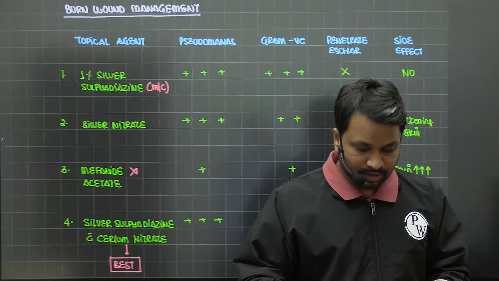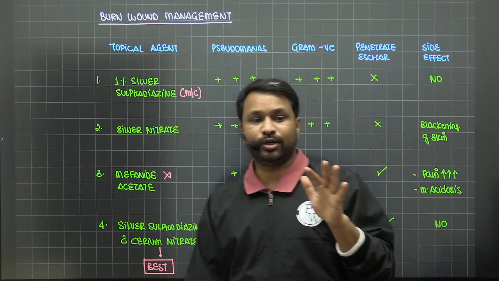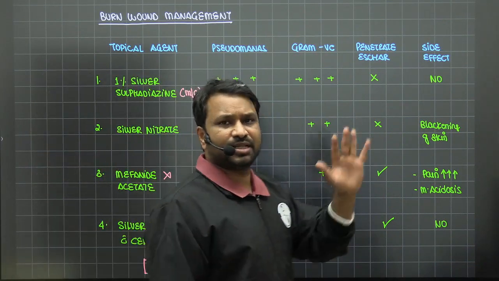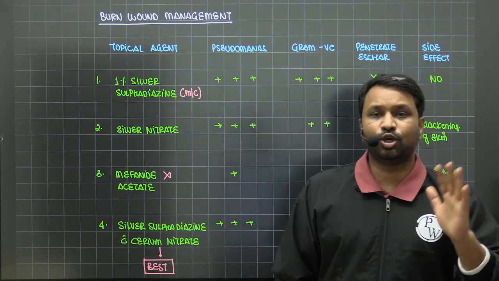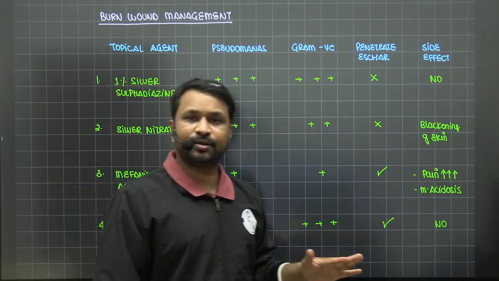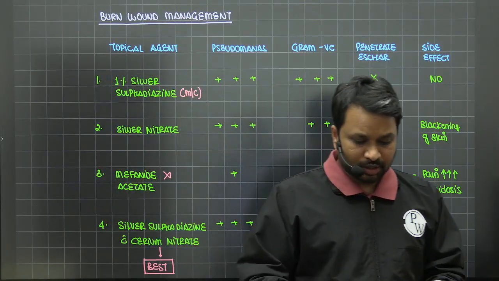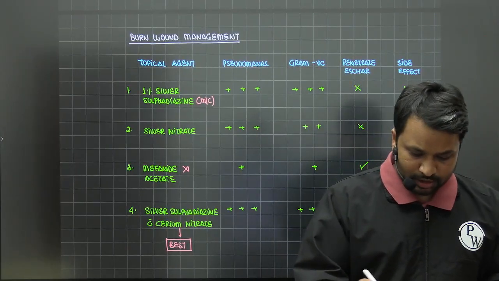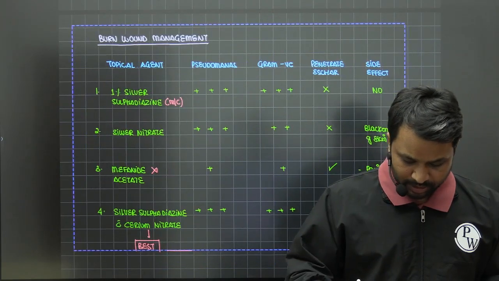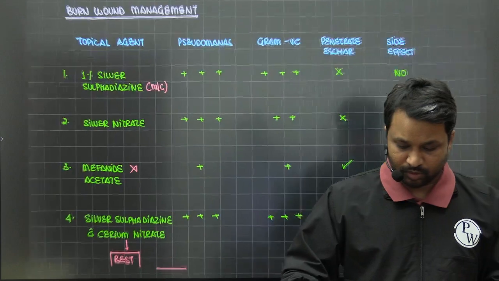Right? So this is how you're going to manage your patients with burns on the basis of topical agent, and this is the criteria on which you're going to choose the topical agents. Clear? Right? So this is all in all that you should know in the context of topical agents in burn wound management.